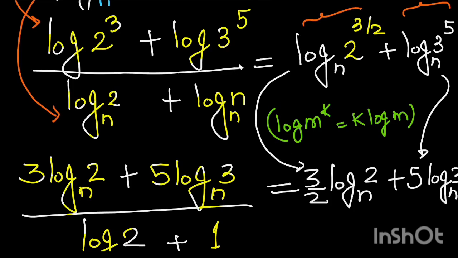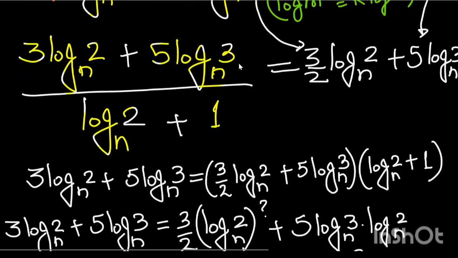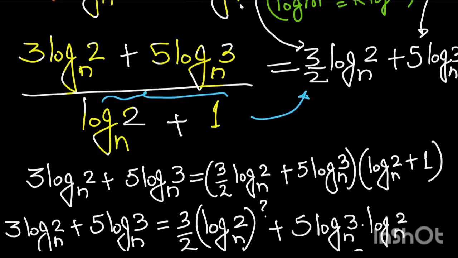Now in the next step, a little calculation would be there, where this entire term in the denominator we will cross multiply. So it would be log 2 base n plus 1 multiplied to the right hand side, which was 3 by 2 log 2 base n plus 5 log 3 base n guys.